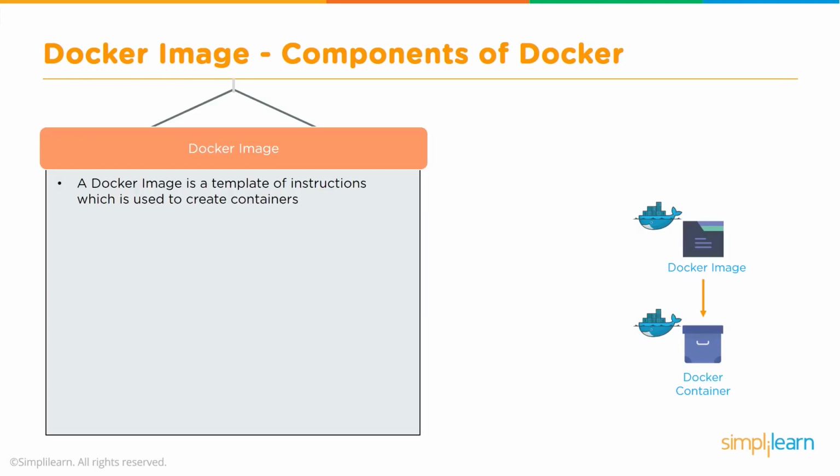So a Docker image itself is a template which contains instructions for the Docker container, and that template is written with a language called YAML, and YAML stands for yet another markup language. It's very easy to learn. The Docker image itself is built within that YAML file and then hosted as a file in the Docker registry.